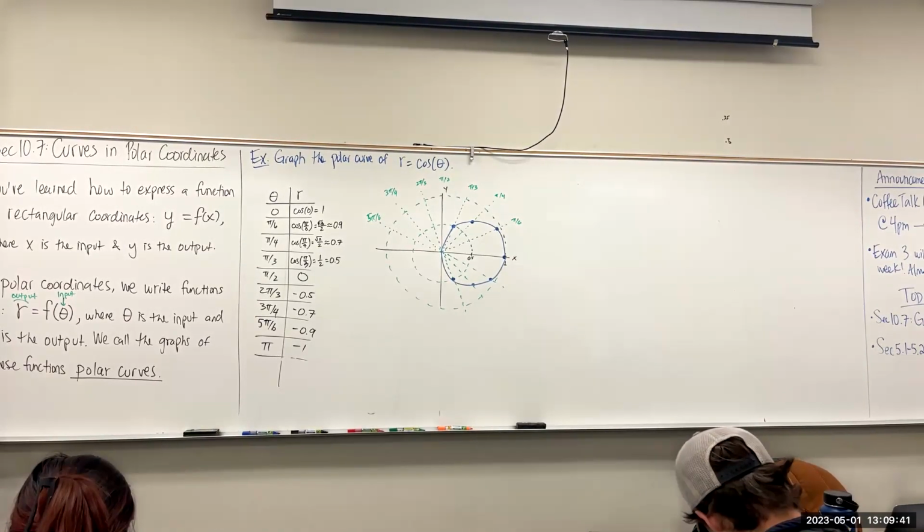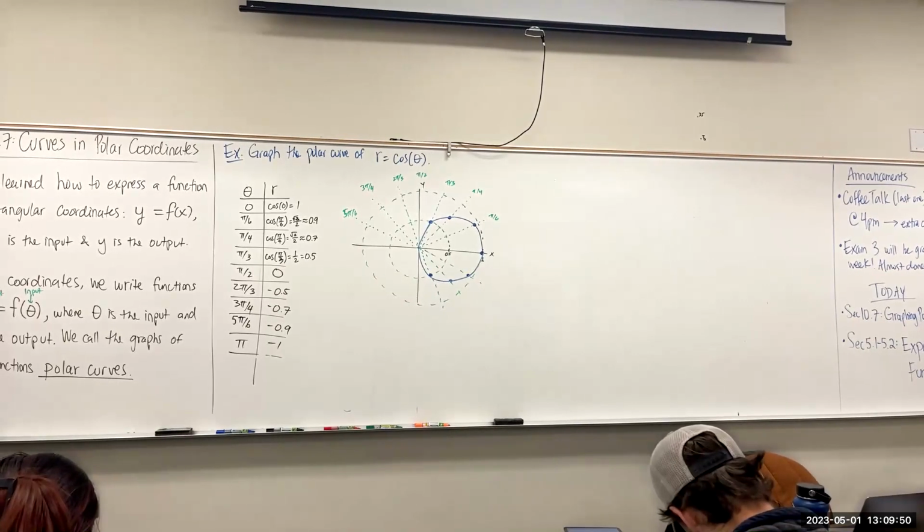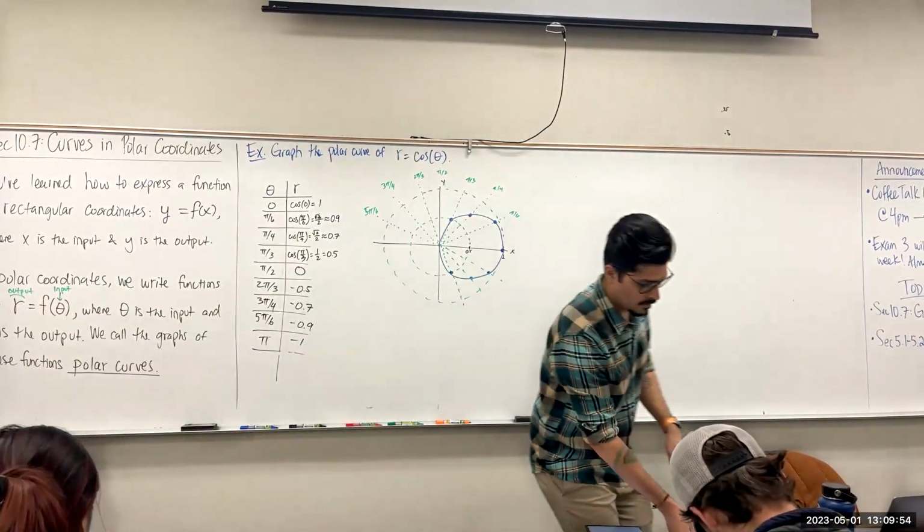All right, so plot with points. We try to see if you can figure out what the polar curve will look like. The input values, I already did all that work for you.